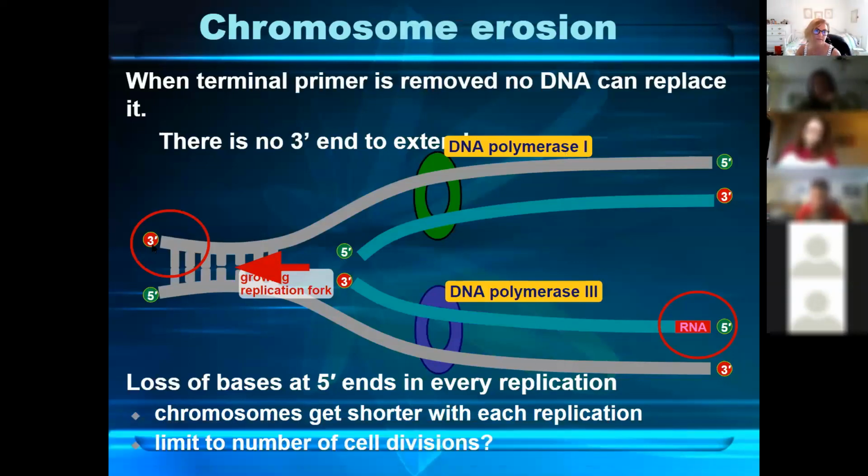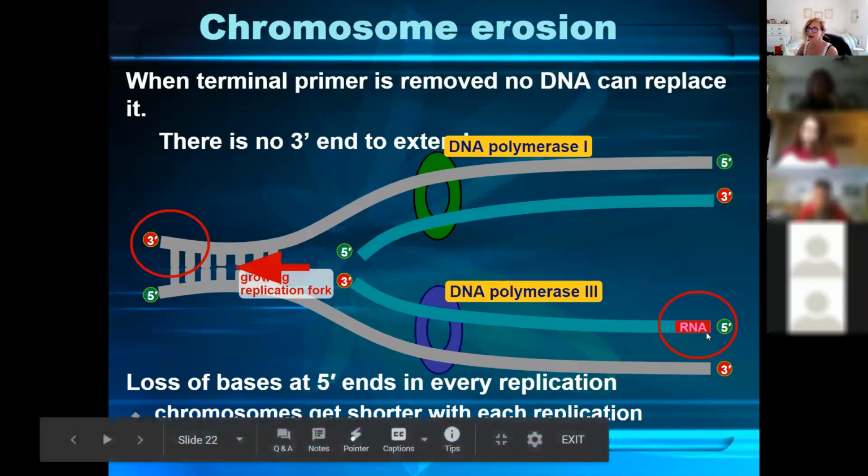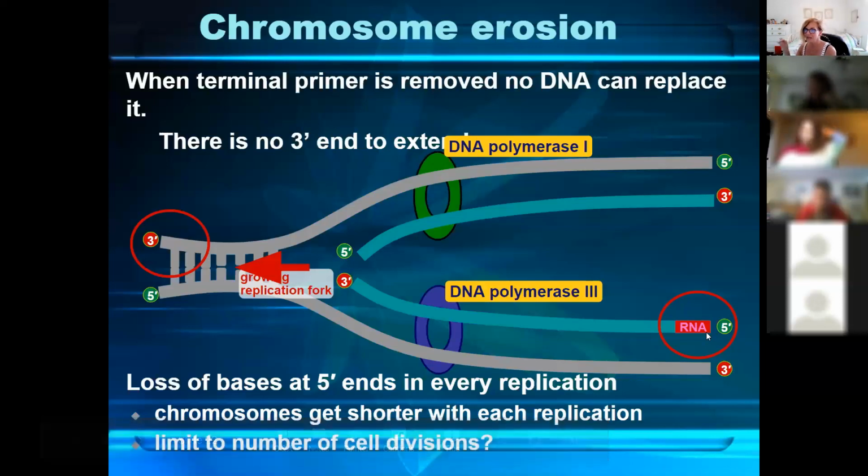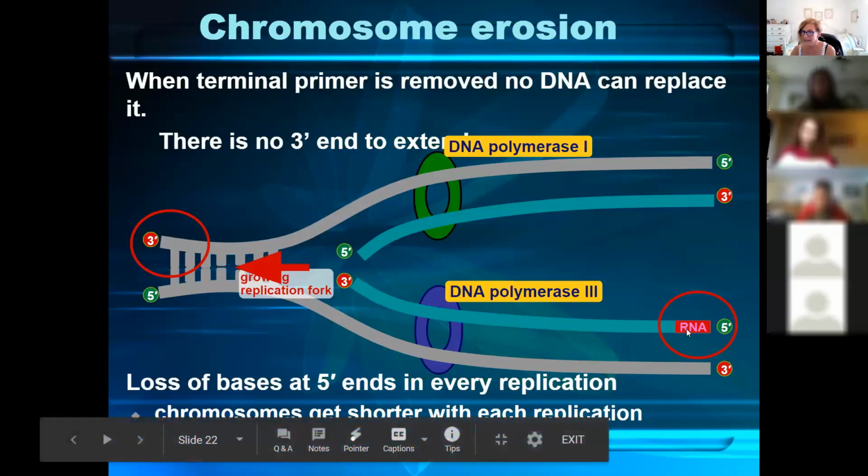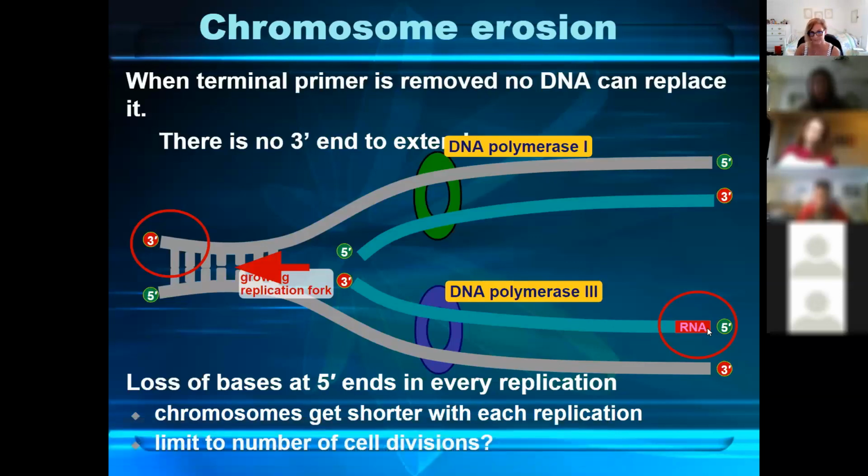Here, because there's no 3' end to continue, you're going to constantly lose a small portion of your DNA each time it's replicated, right? So our DNA actually has a lifespan, and this is how we get into that whole aging process, wrinkles, tissue failure, because you're losing a small section of that growing strand with each replication.